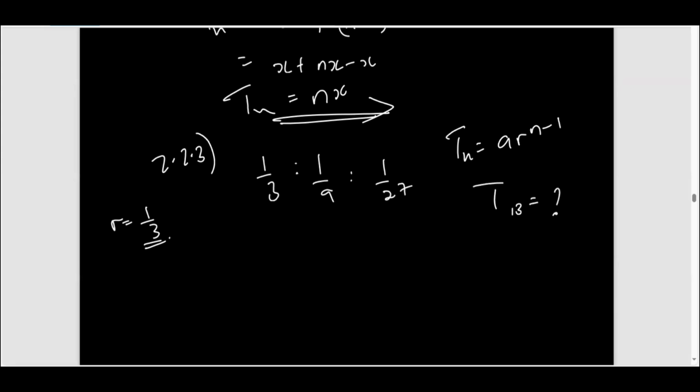Let's just do the substitution. T13 is going to be the a, which is 1/3, and my r is also 1/3, to the exponent of 13 minus 1. So we just have to punch that into the calculator.